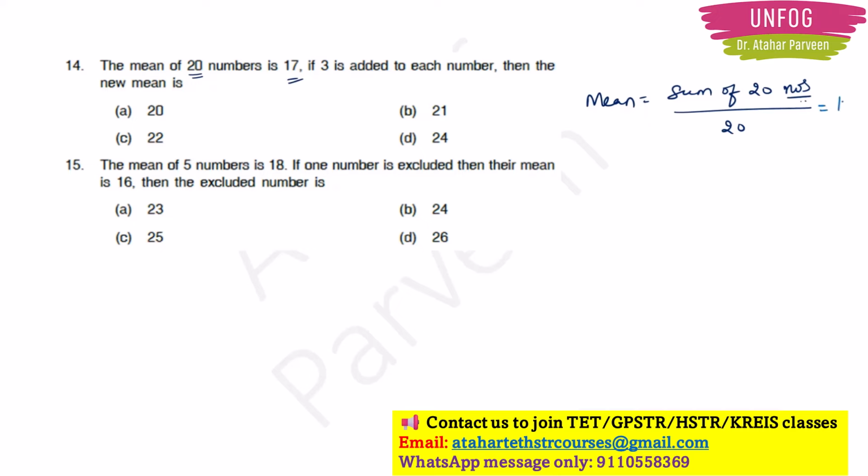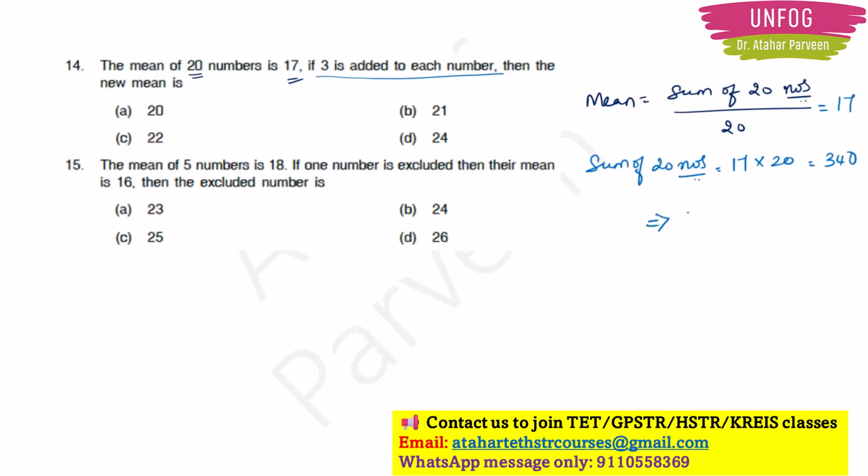Now, this is equal to 17, it seems. So the sum of 20 numbers is equal to 17 into 20, which will be equal to 340. Now they are telling, if 3 is added to each number, then the new mean is. Means if you add 3 to each number, what will happen? You will have to write like this, right?